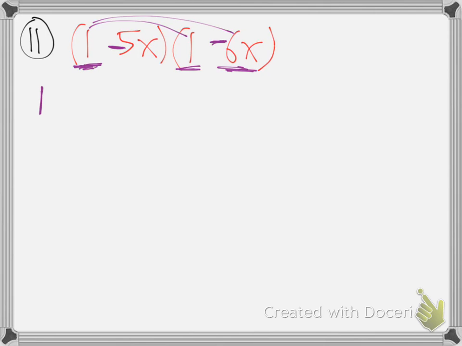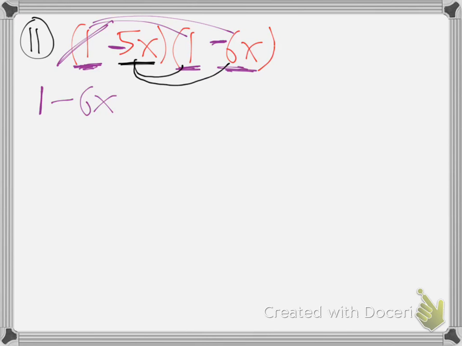1 times 1 is 1. 1 times minus 6x is minus 6x. Good. He's done. First to both. His turn's over. He multiplied both those two. Now, the minus 5x is going boom and boom to both.